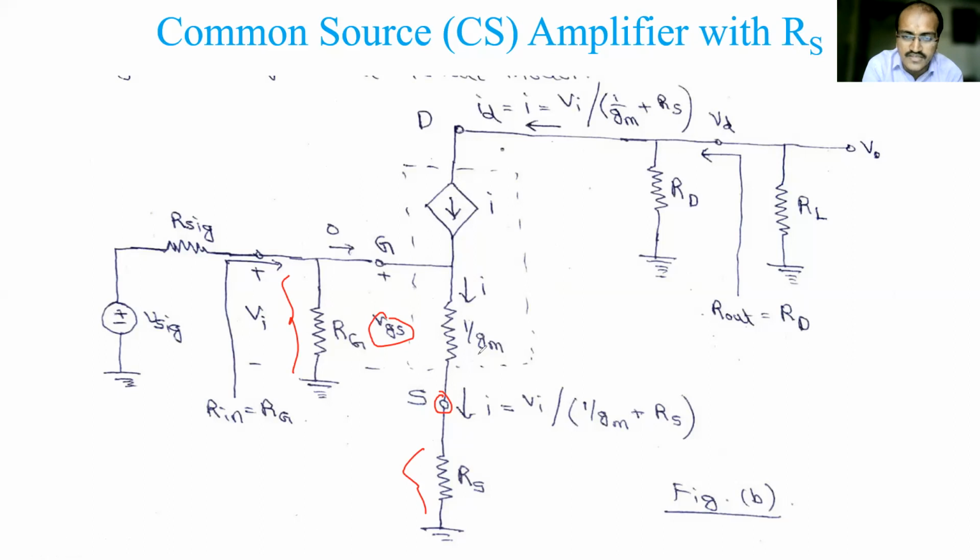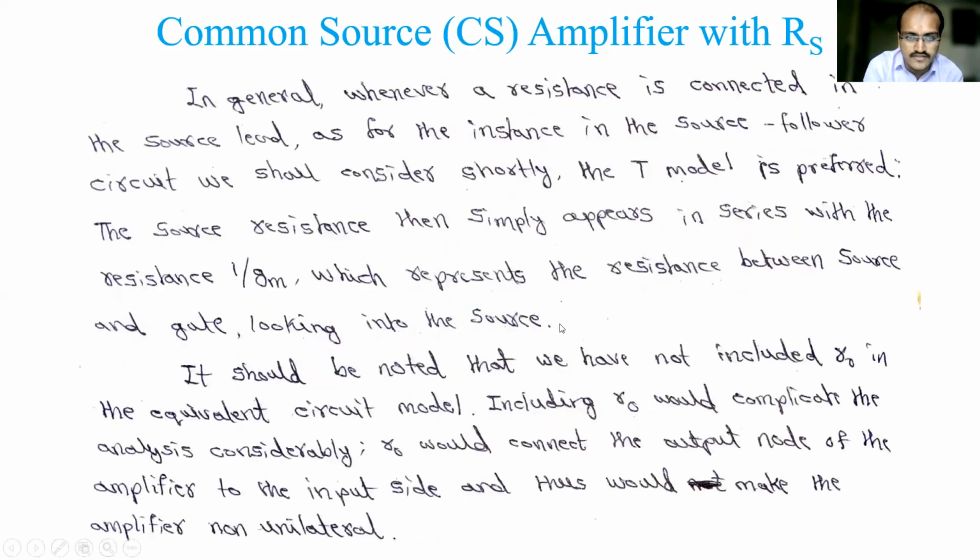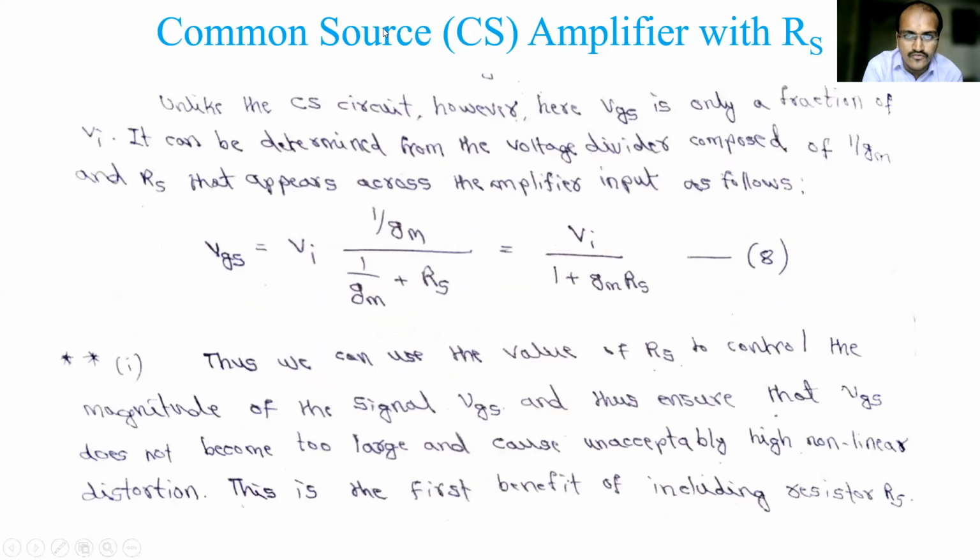Across 1 by Gm you will take, and the total resistance is 1 by Gm and Rs in series. That is how the equation for VGS changes. So VGS is equal to Vi times 1 by Gm, the resistance we are measuring across, divided by the total resistance, 1 by Gm plus Rs.